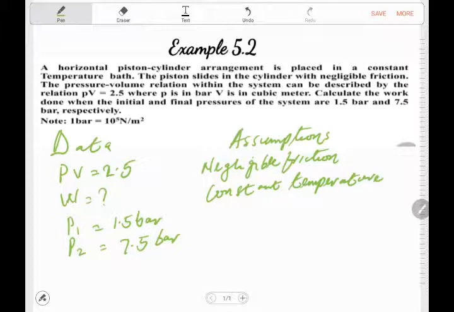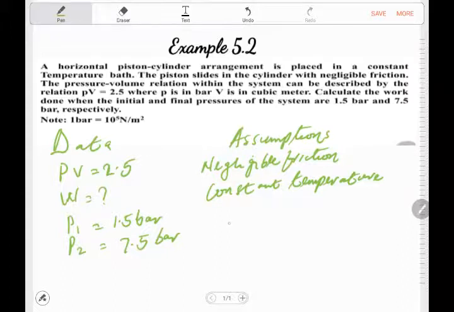So it is clear now that the formula we are going to use is W equals the integral from V1 to V2 of P dV. This is the formula for reversible work.